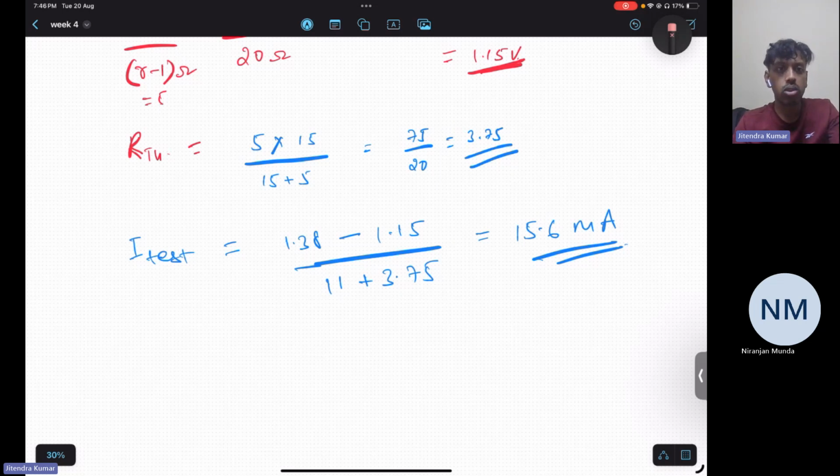I'm opening it, so I should confirm. Yeah, so here the first question is related to the same, based on jockey and test cell.